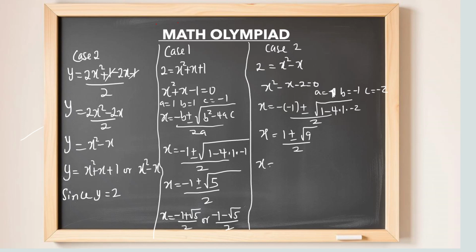The square root of 9 is 3, so x is 1 plus 3 over 2, which is 2, or 1 minus 3 over 2, which is negative 1. So the four values of x are these.